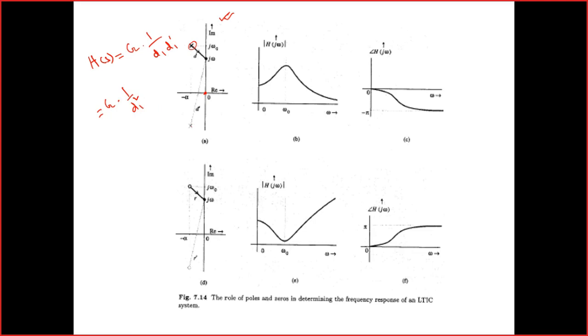However, as you try to go from DC towards the higher frequency components, the distance between this pole and that frequency component becomes reduced, whereas the distance of the conjugate pole to that particular frequency, say over here j omega, goes on increasing.